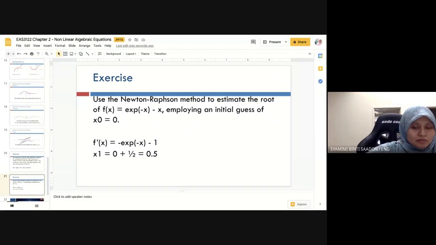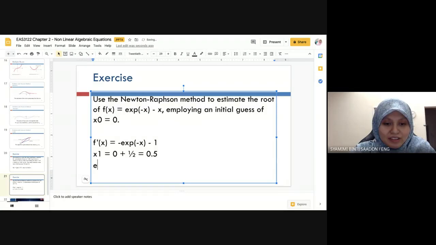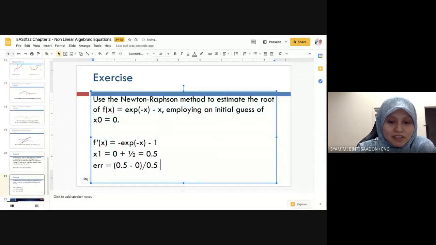And then the second round, x2. If you want to calculate the error, we check the error. The error equation is the absolute value of x1, which is 0.5, minus 0, the initial, over 0.5, and as a percentage.